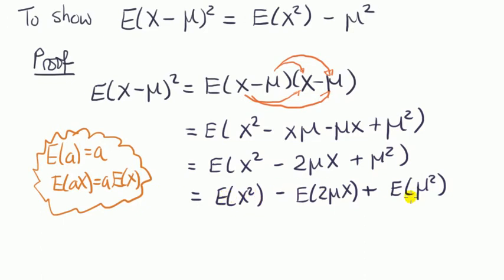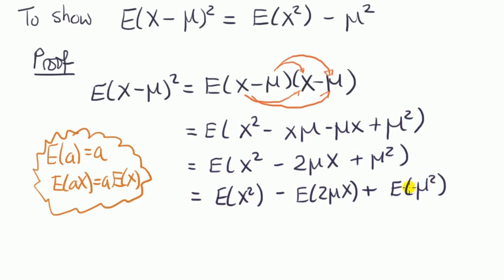Now when dealing with these questions dealing with expectations, we always have to classify each term. Is it a constant? Is it a random variable? So let's look at this. X squared, that's a random variable. 2, that's a constant. Mu, that is a constant because it's the population mean and that doesn't change. X, that is a random variable.